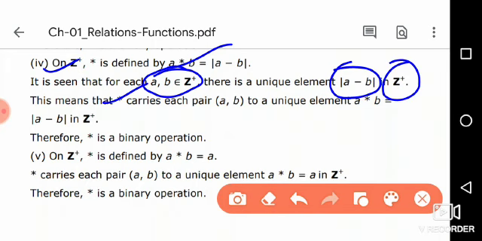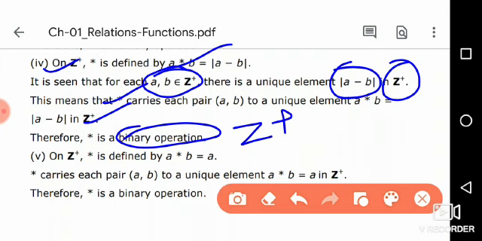Therefore, star is a binary operation on Z plus, because the modulus sign gives the absolute value. Whether a minus b or b minus a, if a is greater than b or b is greater than a, the resulting new number will be a positive number which belongs to Z plus. Therefore, star is a binary operation on the given set.